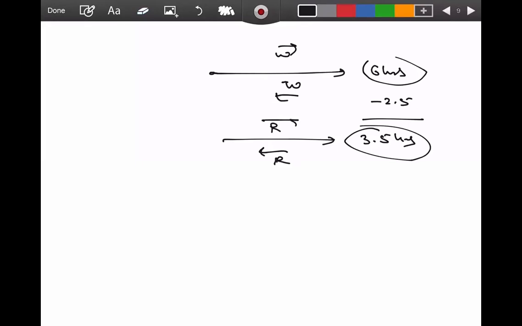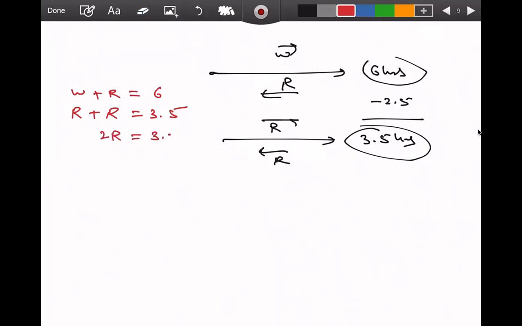How long would he have taken to walk both ways? So if R plus R is 3.5, and if W plus R is 6, so 2R is 3.5, and R should be 3.5 upon 2. I think we can directly use this thing.